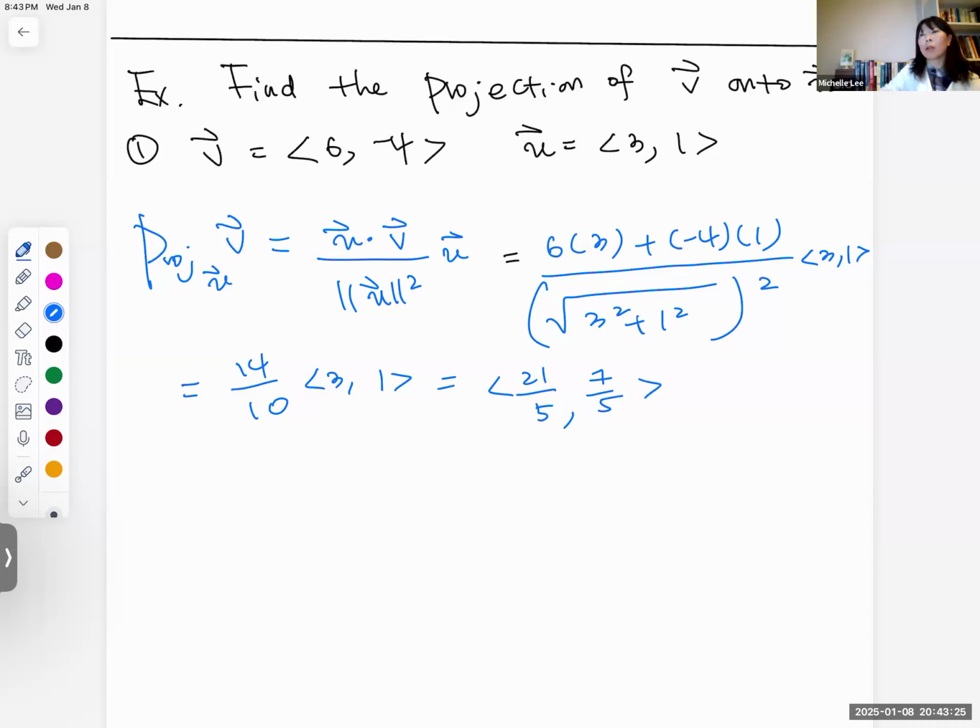Yeah. Okay, second part. They say the orthogonal complement. So let me write it down first and I'm going to explain it to you. Number 2, orthogonal complement.